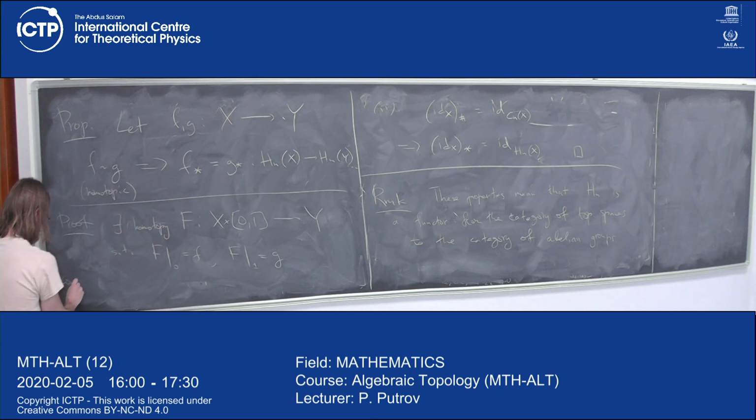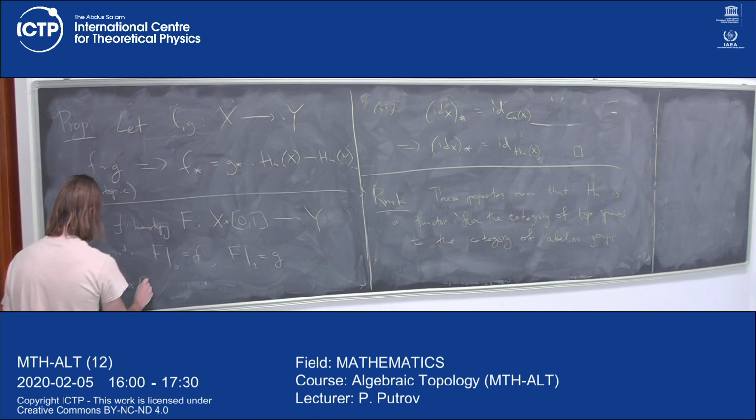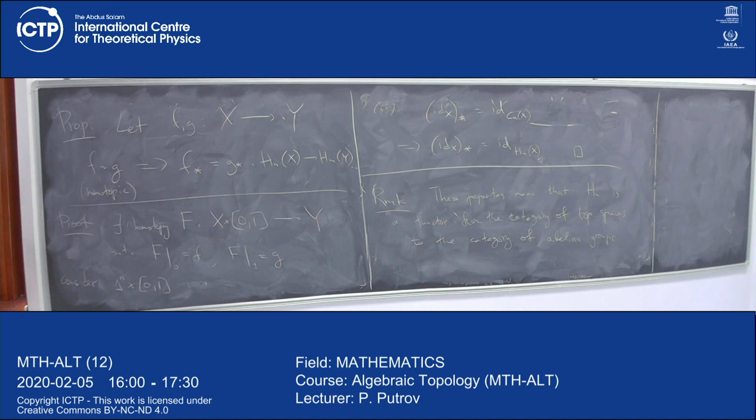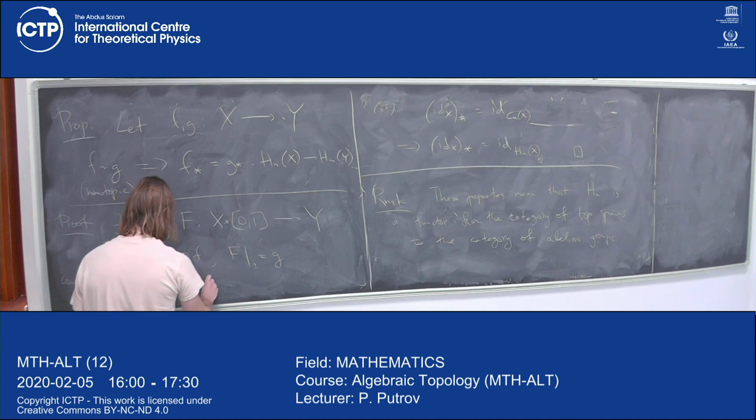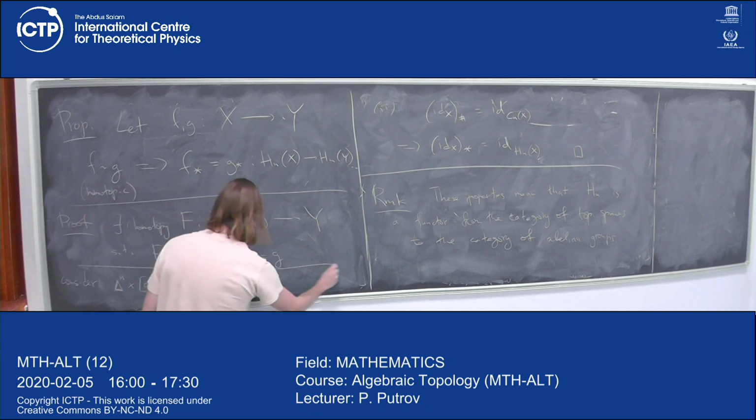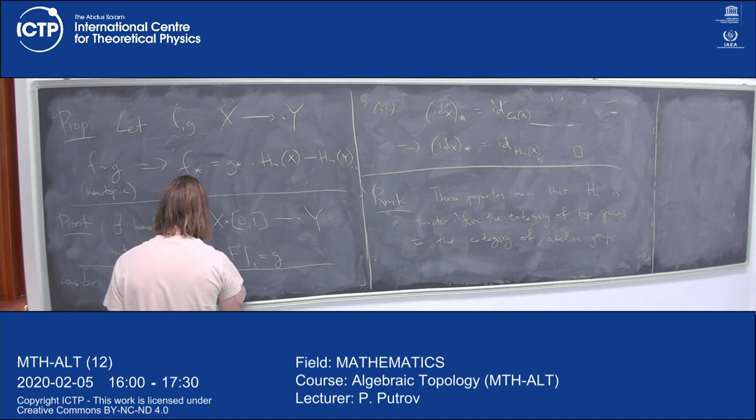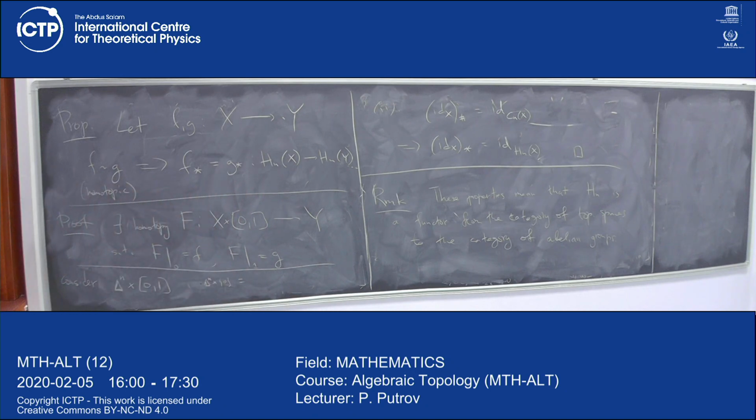Let me consider the following topological space: the simplex and the simplex times the interval. If I take the subset delta n times 0 here, this can be identified as a copy of the n simplex.